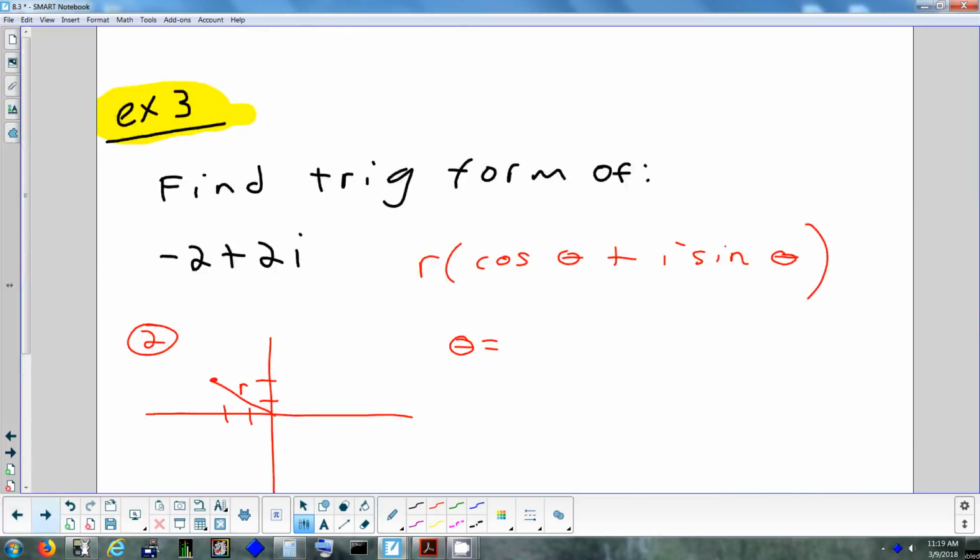I'm going to do it in degrees, so instead of pi, I'm going to use 180. 180 plus inverse tangent y over x. If you're wondering which one is y and which one is x, it's in alphabetical order: x, then y.